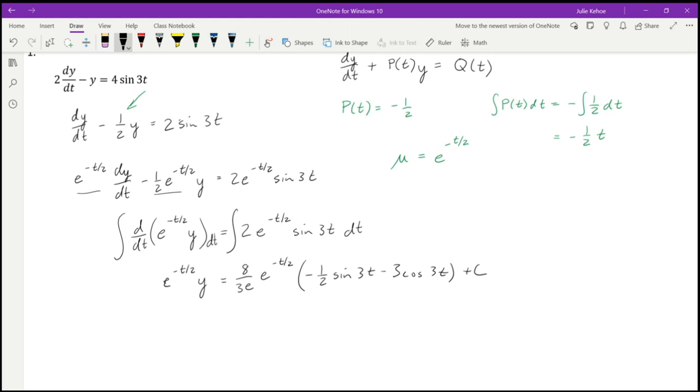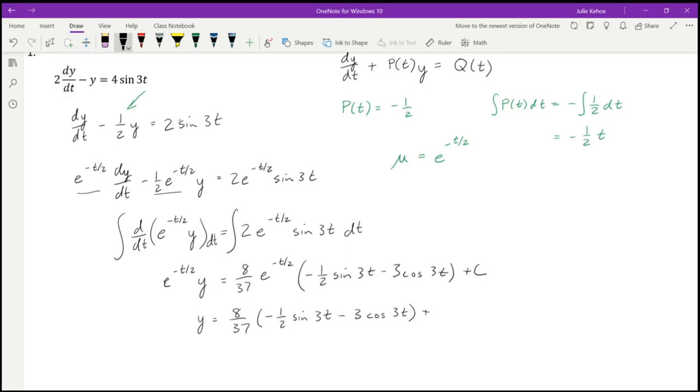I'm going to do that by dividing by e to the negative t over 2. So if I divide that out, it will cancel in this whole first large term with the parentheses. And that's a typo there; that should be 37. There we go. So I end up with 8 over 37, with the exponential gone, times the quantity negative 1/2 sine of 3t minus 3 cosine of 3t.